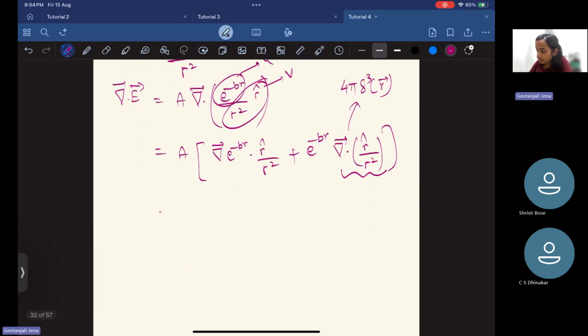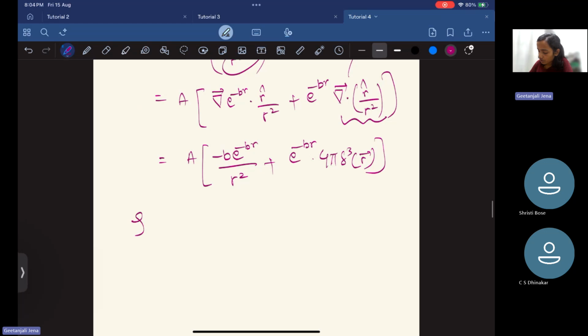Now the steps are quite easy. This will give minus b e^(-br) by r square plus e^(-br) 4 pi del q r.